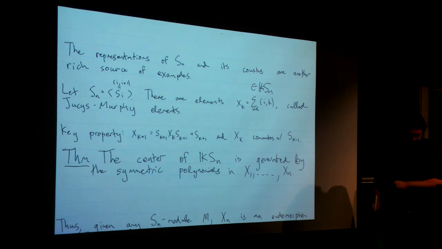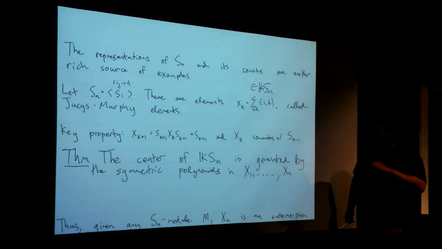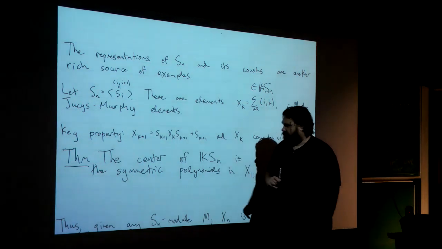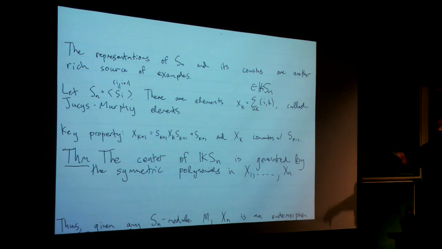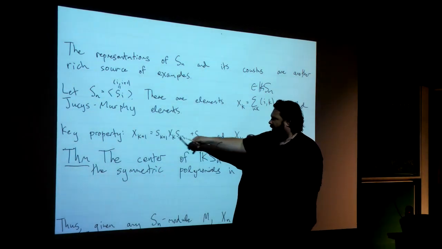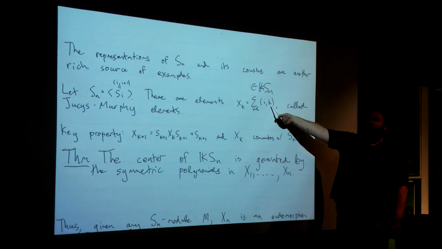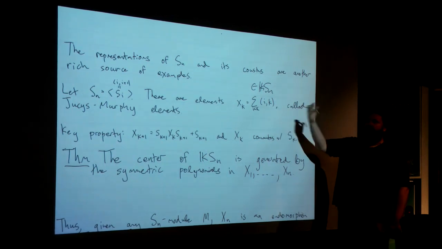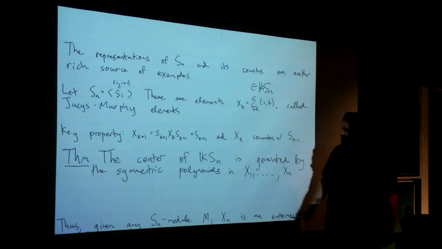So there are a couple of key properties of these guys. One is there's a nice relation for x_{k+1} in terms of x_k and s_k. If I take x_k and I conjugate by s_k, what I do is I swap every one of these k's to k+1, but I'm still missing one of the transpositions, the one that swaps k+1 and k.